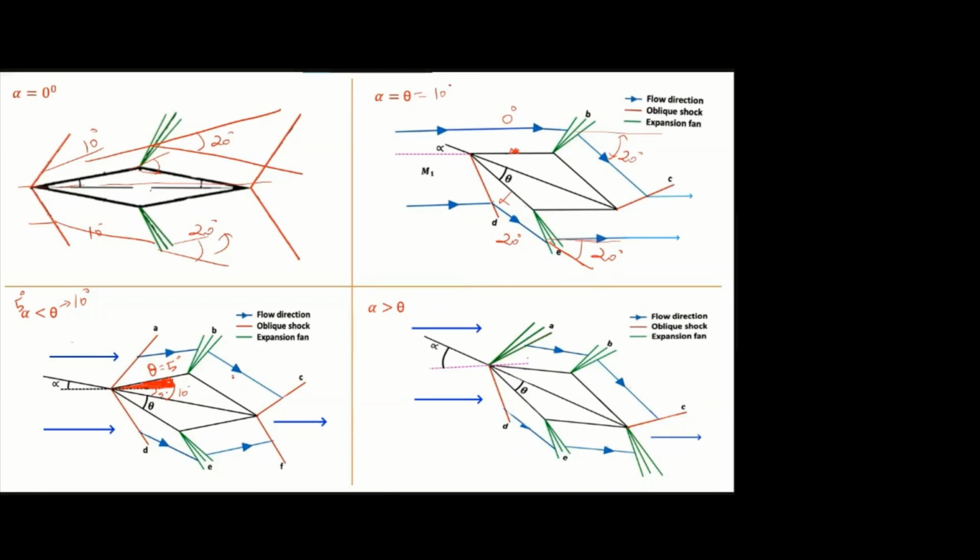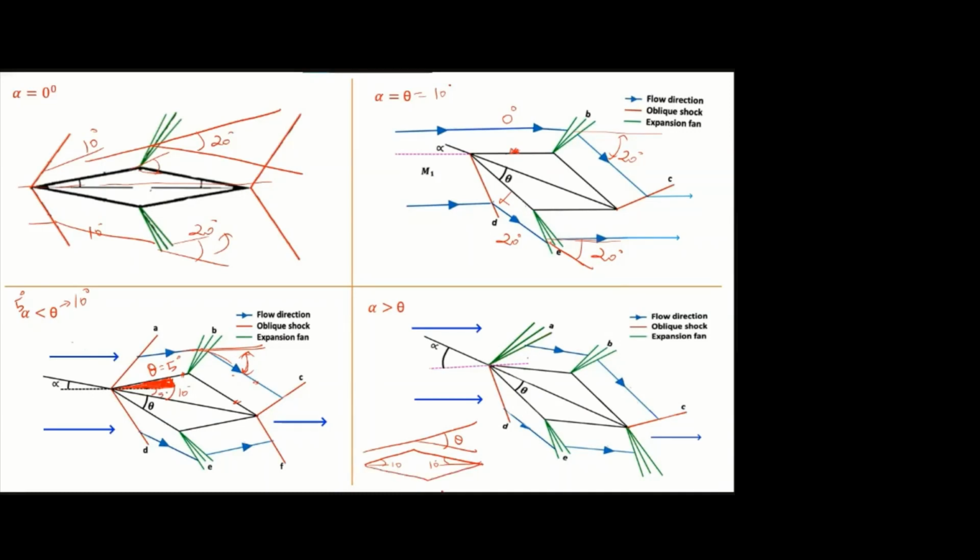Here, 15 degrees. Here 15. How 15? This flow is 10 plus 5. This flow is parallel to this wall. It's 10 degrees. Why 10 degree? Hmm? 15.